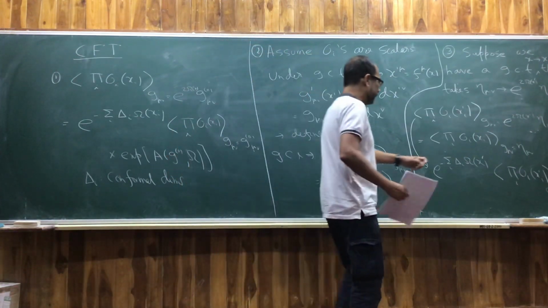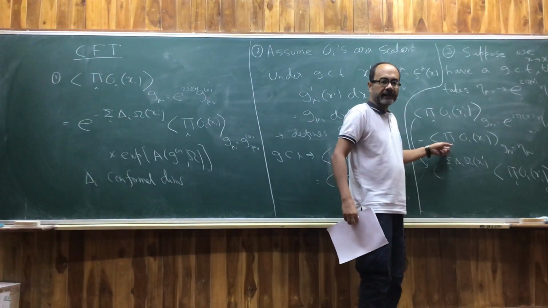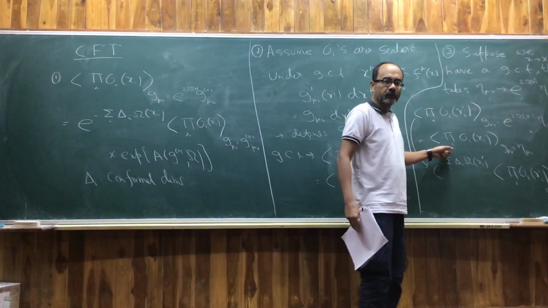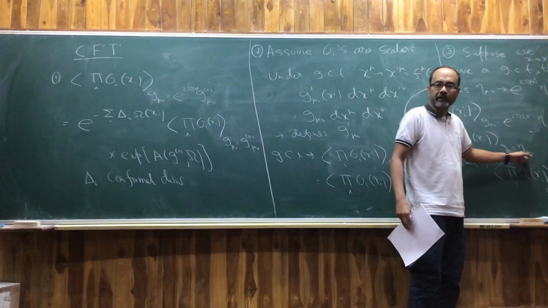So now you can equate these two, and this equality is between two correlation functions, both of which are evaluated in the flat metric g_{μν} equal to η_{μν}.